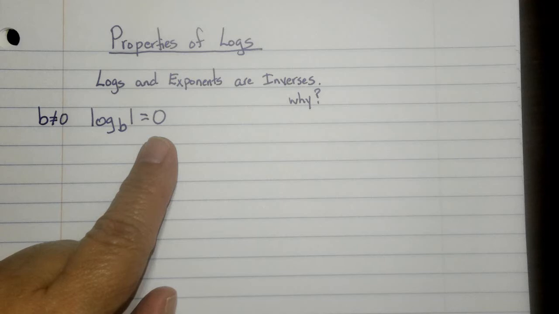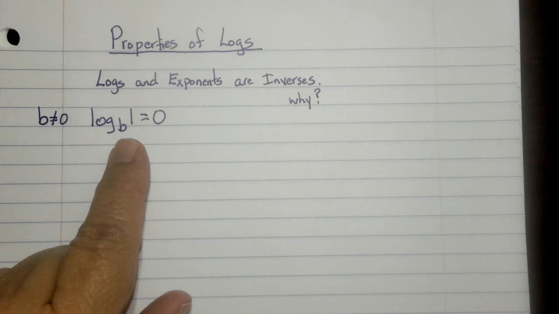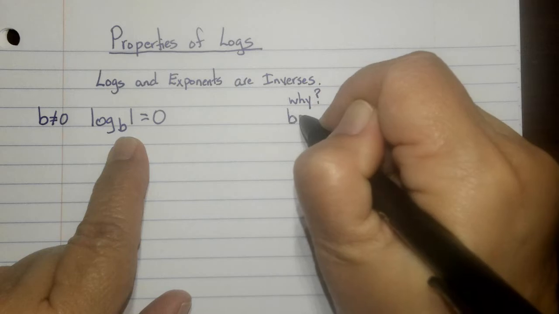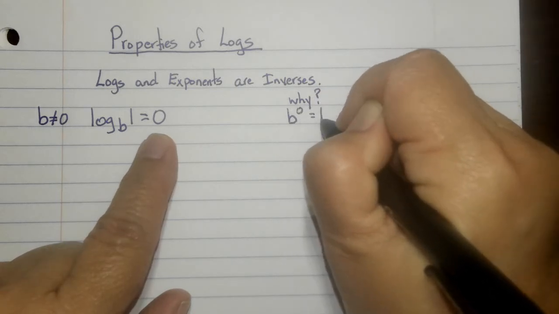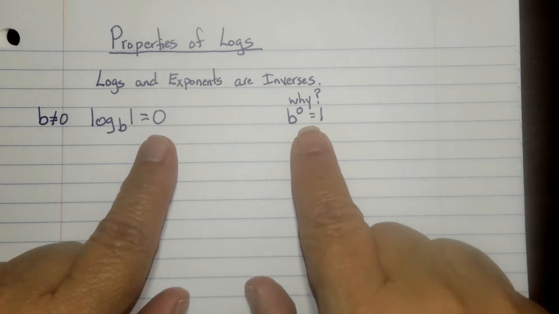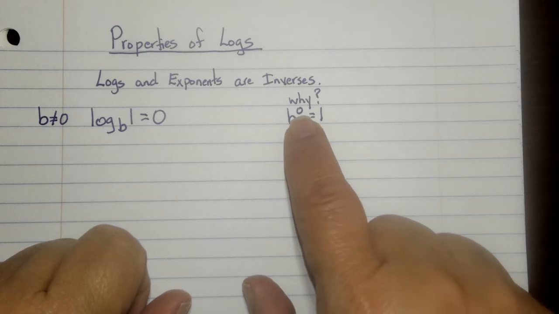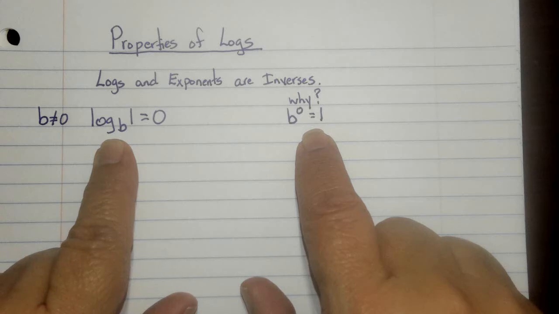Why does that work? Well, remember that to convert from a log equation to an exponent equation, the base is the base. So this equation becomes b to the 0 power is equal to 1. And we've already studied the patterns to know that any base not equal to 0 raised to the 0 power is 1. So this log property is just saying the same thing.